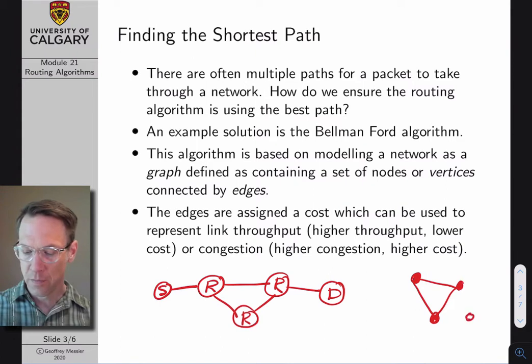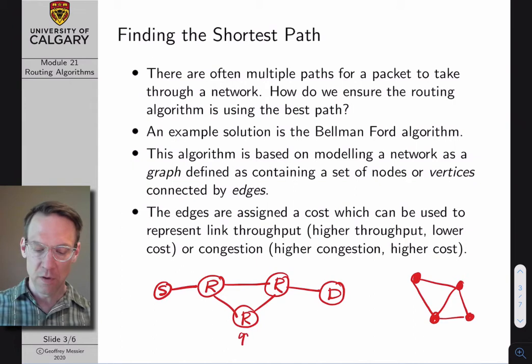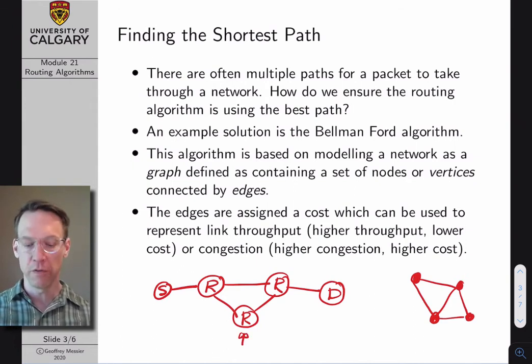And so this should be a pretty comfortable looking picture. This is basically exactly the way we've been drawing mesh networks up until now, where the nodes on our network would be our vertices, and the connections between our nodes, the communication links, would be our edges.